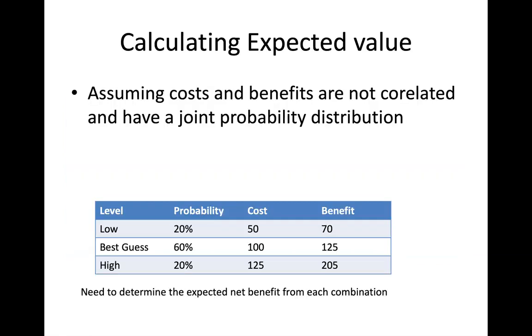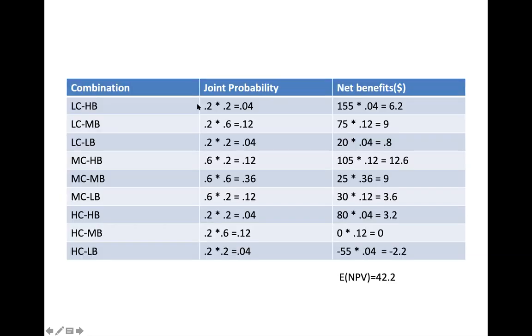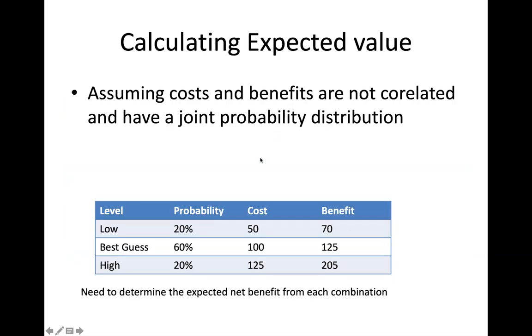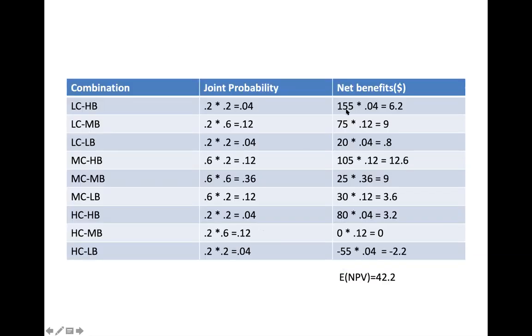Because if you look at that, the net benefit would be a low cost. Low cost is 50. High benefit is 205, and that's where they get the 155. If the cost is 50 and the benefit is 205, then it gives you a net benefit of 155 times the probability of that occurring.